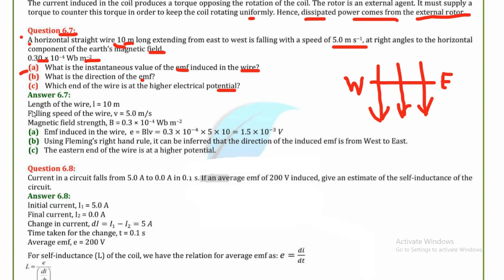Now EMF induced in the wire in this case is given by the simple formula, that is E is equal to BLV. We have already derived this formula for a moving wire in a magnetic field when the wire is in perpendicular direction to the magnetic field. So this one is exactly the same case as that derivation.